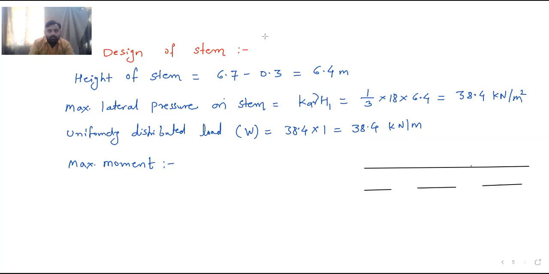Okay, so now if I extend this, these are the counterforts. This is my side view. These are the counterforts.